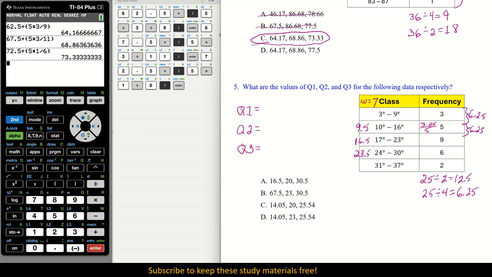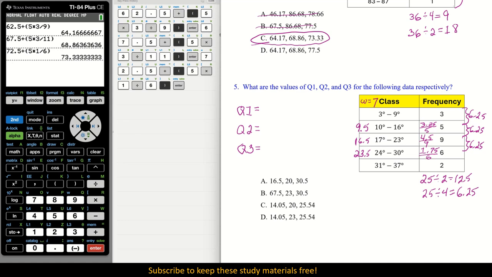If we have 5 plus 3 is 8, we need another 4.5 and divide that by 9. We've done this before, like I said in a prior video. Then if we add another 6.25, how much do we need of the next column? Well, we only need 1.75, and then we divide that by 6. If you're not sure about these values, stop the video, add them up for yourself.